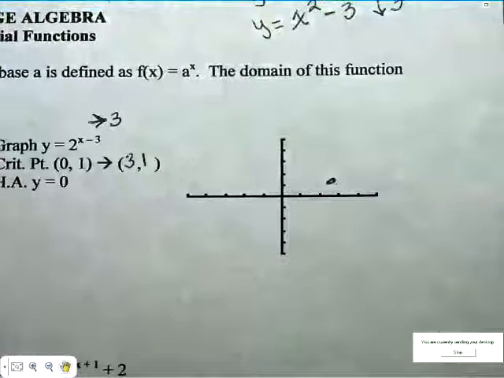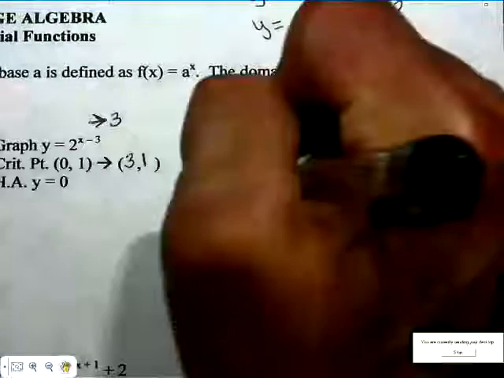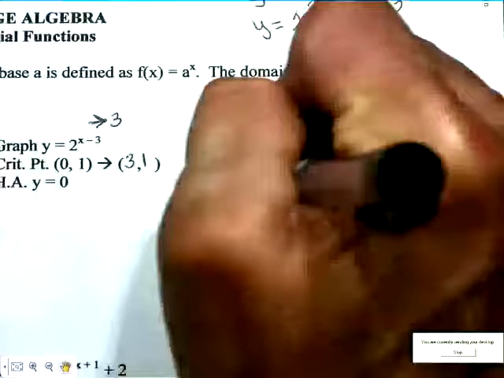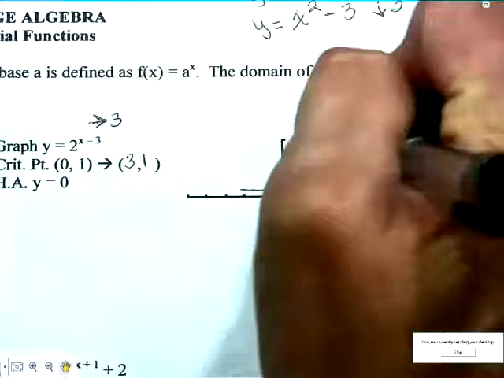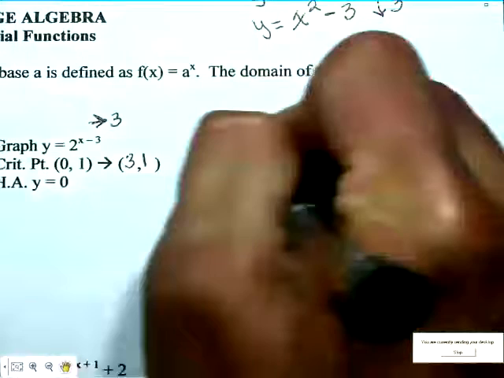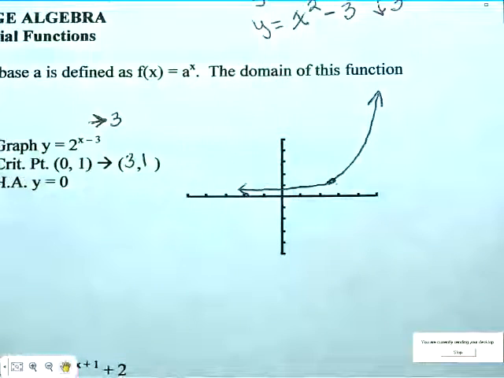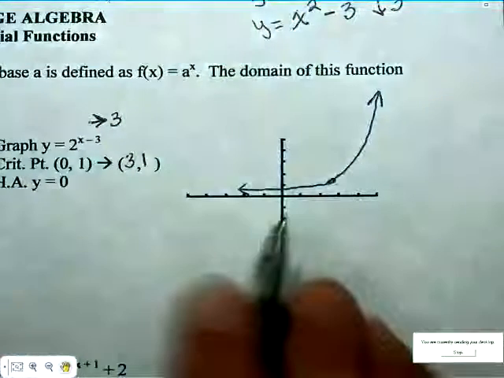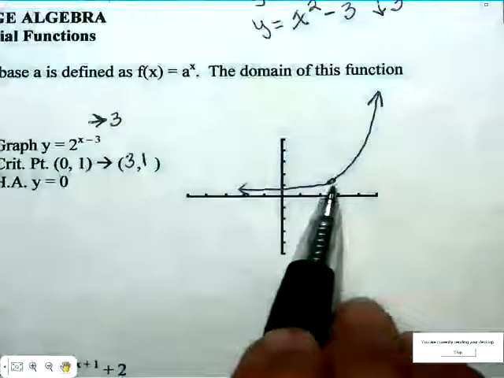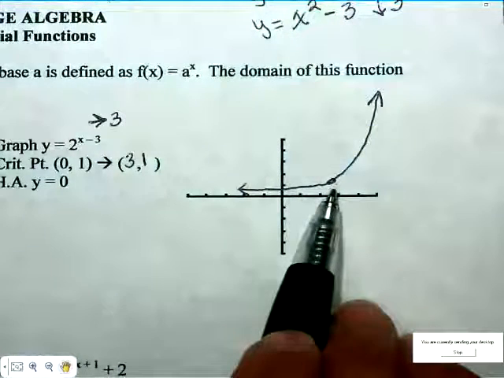Everything else about this graph is the same as the previous graph, except for that critical point being shifted 3 places to the right, or the whole graph being shifted 3 places to the right. That's still the place where the steepness of the graph changes dramatically.